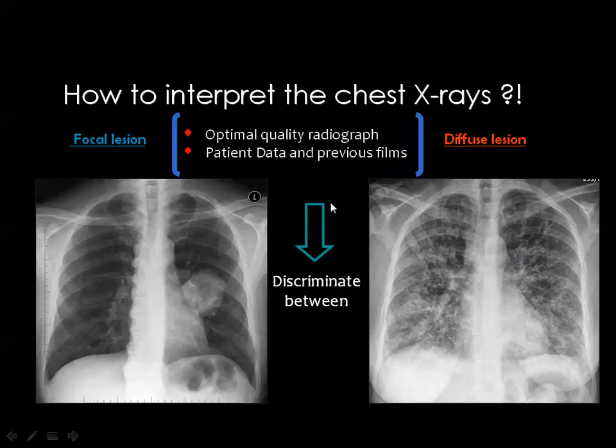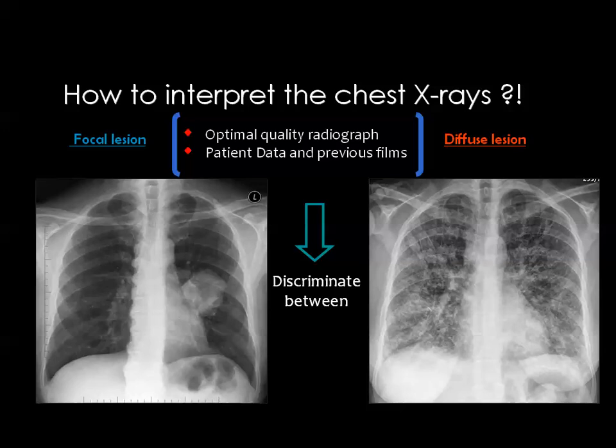Actually, you know that in order to interpret chest X-rays, you should have, number one, an optimal quality radiograph, and the patient data are very important in this particular domain. And also, if you have the previous films, they will be of benefit in enriching the diagnosis and the follow-up of the disease.